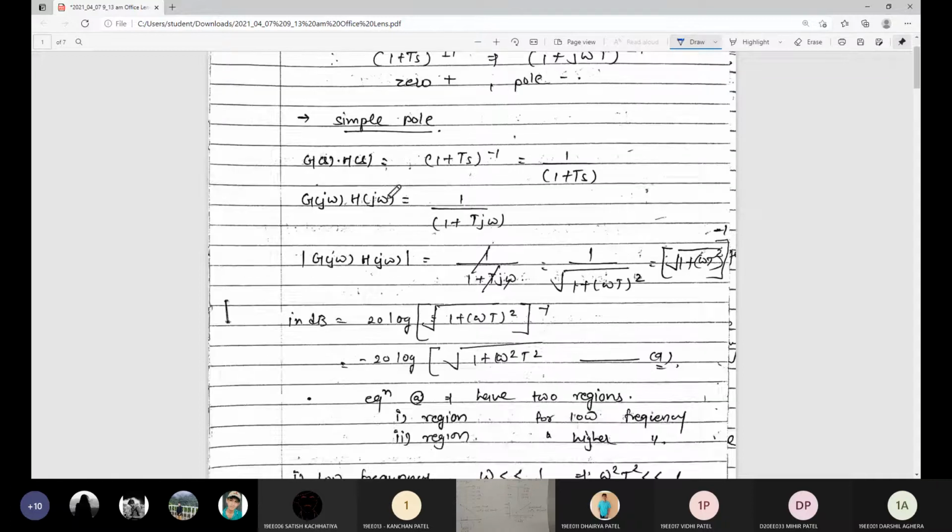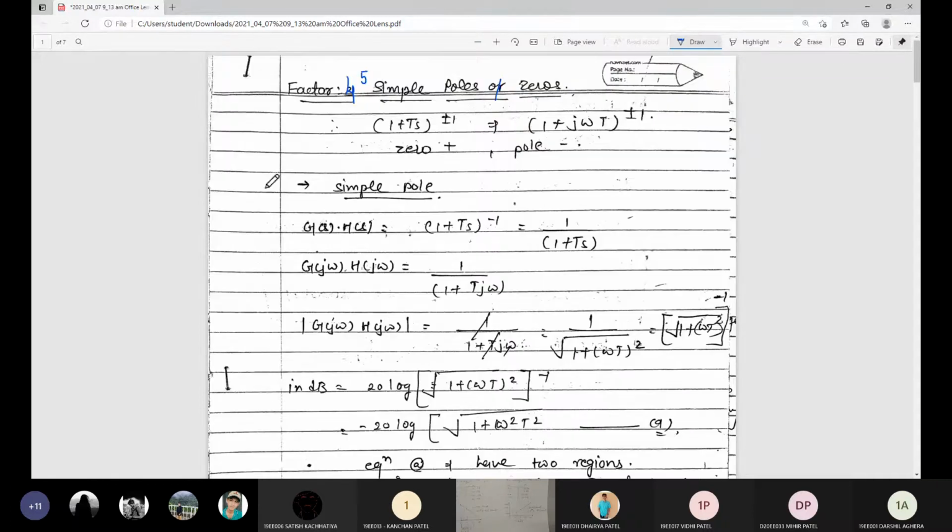So first we will take the simple pole. So factor number 4 we are taking. If I am taking factor number 4, G(s)H(s) is equal to 1 plus Ts in the denominator, 1 upon 1 plus T1 s.